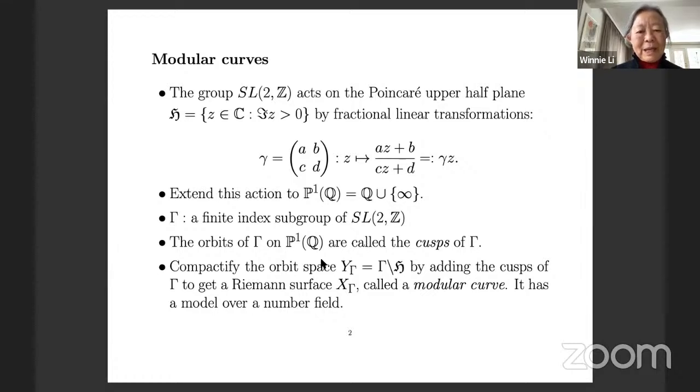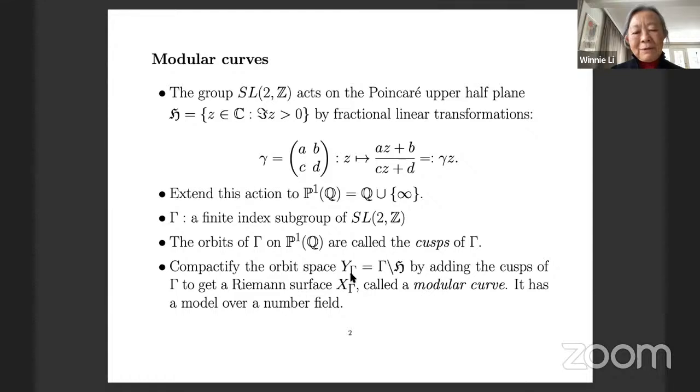Okay. And then we look at the orbit space of gamma on the upper half plane, and that usually is denoted by Y(gamma). Okay.